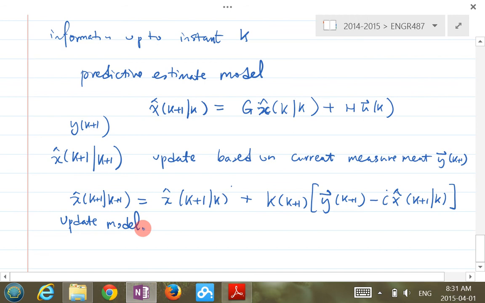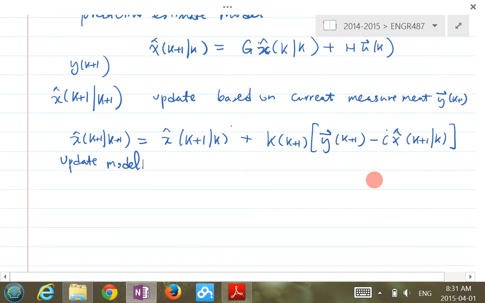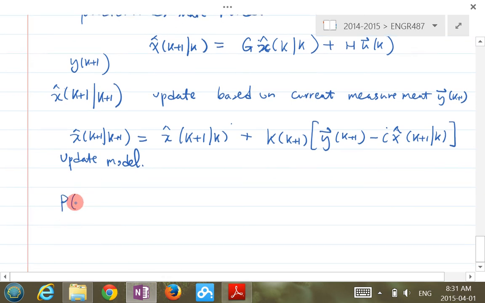Now, in terms of the objective, as before, we also want to minimize the error covariance matrix. So we define our error to be the difference between the actual value of the state and the value from the update model here.